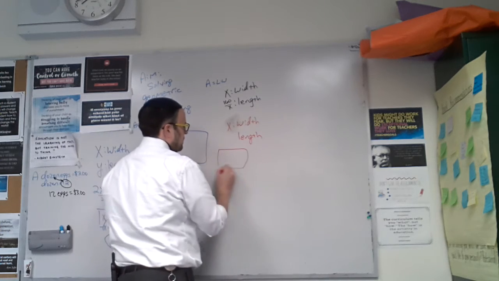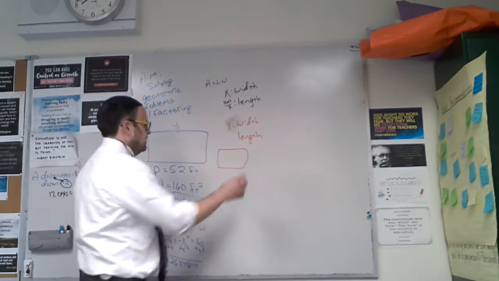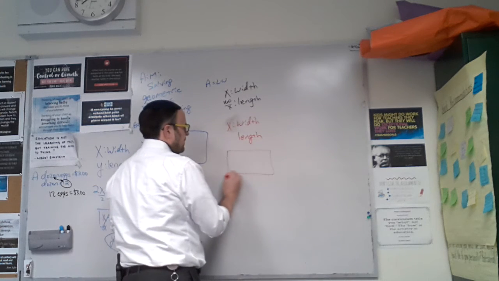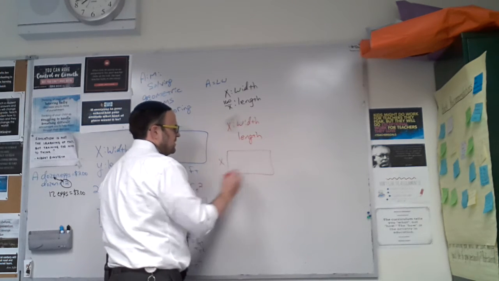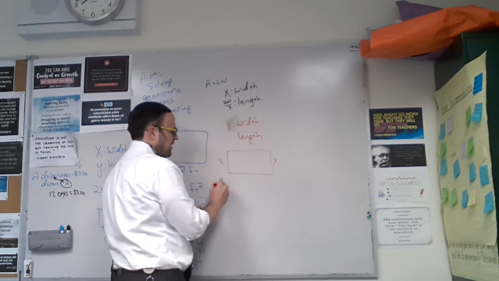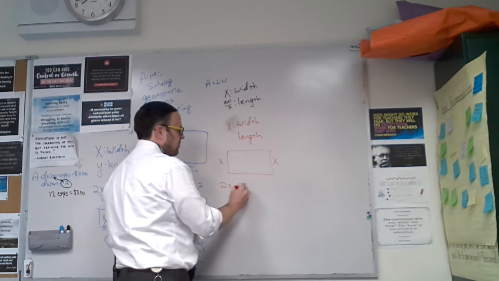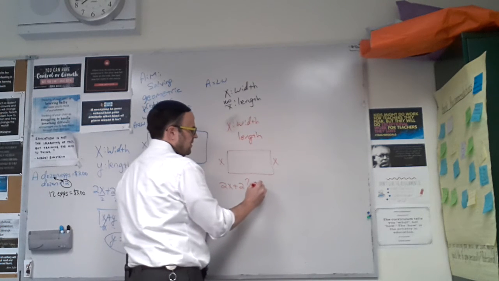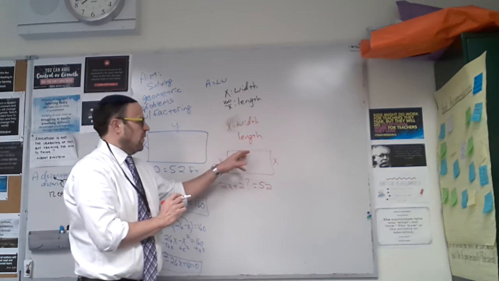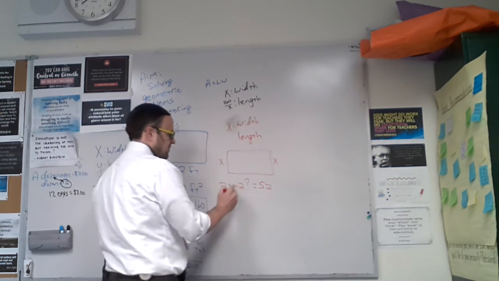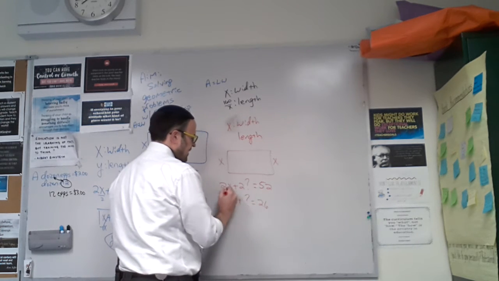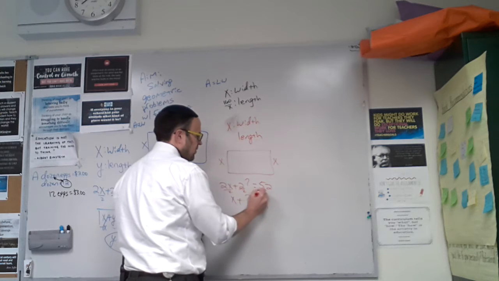If I have my rectangle and this is x and this is x, and I have two things over here, 2x plus 2 question mark equals 52, what has to go here? Just like I divided by 2 over there.